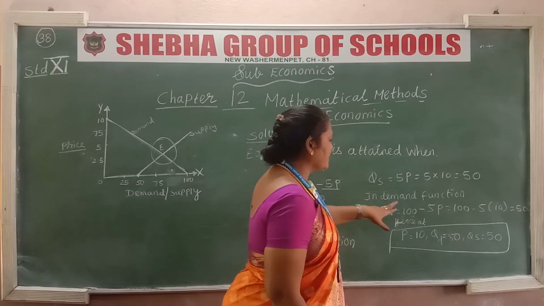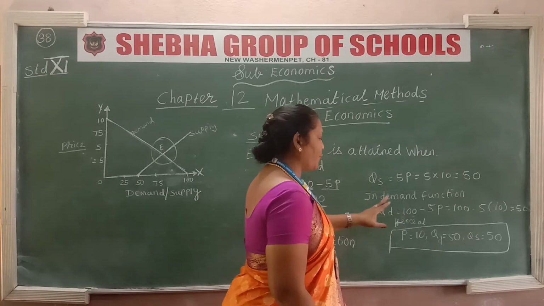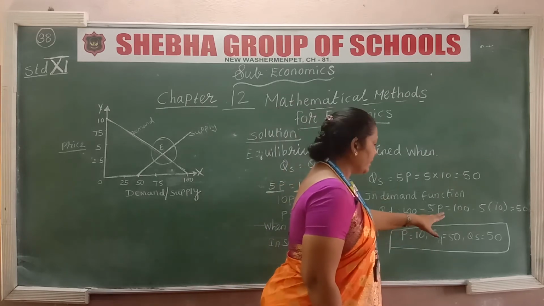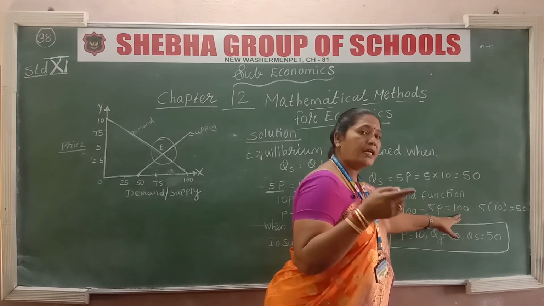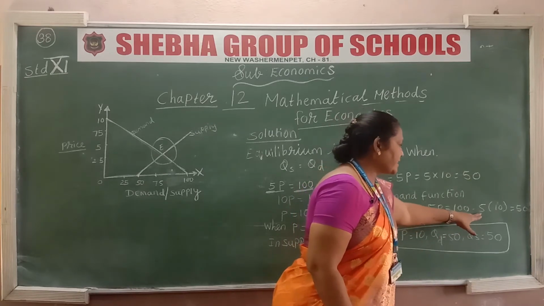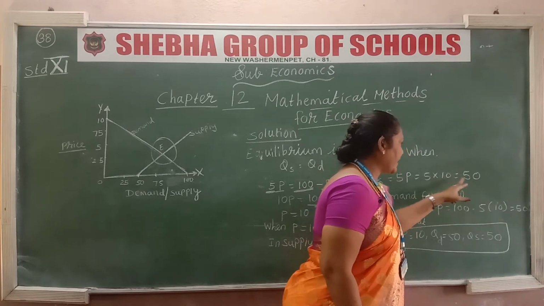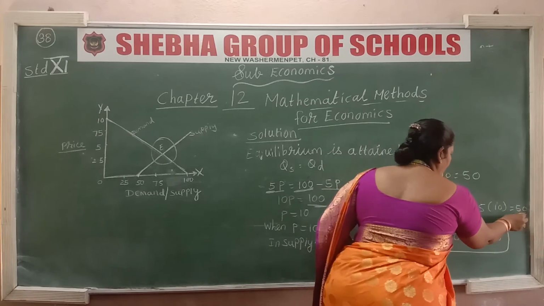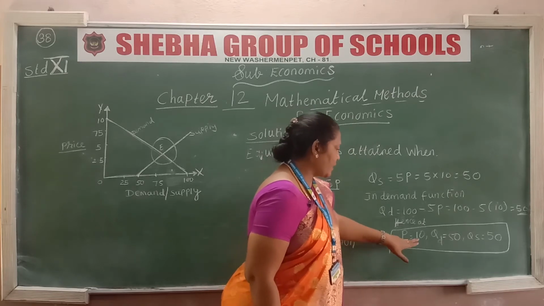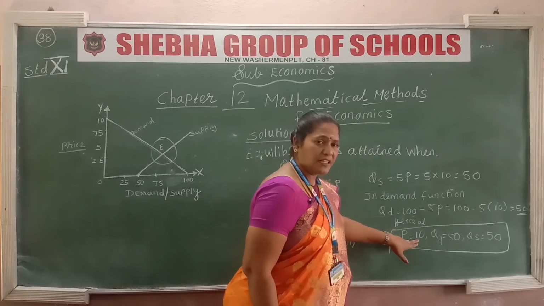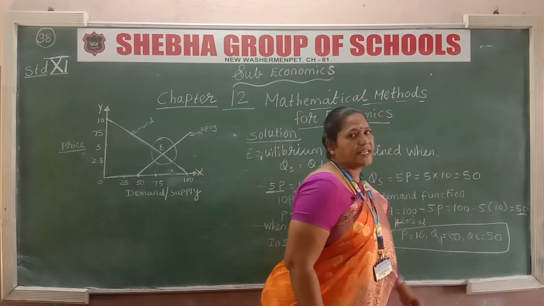In the demand function, quantity demand is equal to 100 minus 5p, that is 100 minus 5 into 10, which is 50. Here we have written the answer 50. Is it clear? So how will you write it? Price is 10, the quantity demand is 50 as well as the quantity supply is 50.